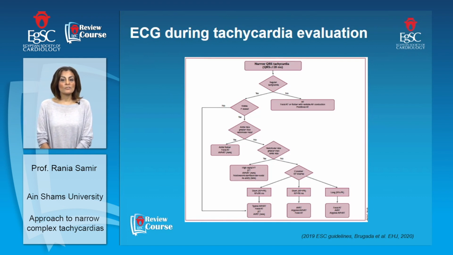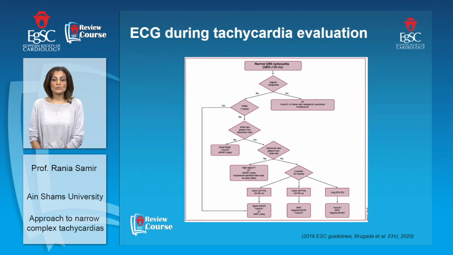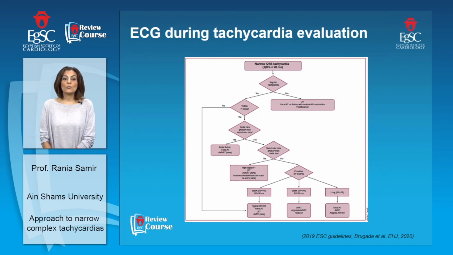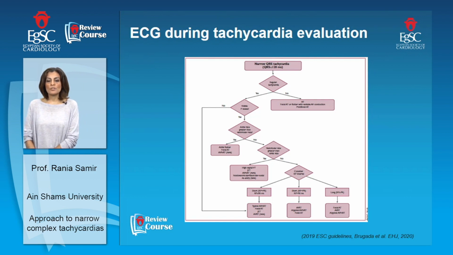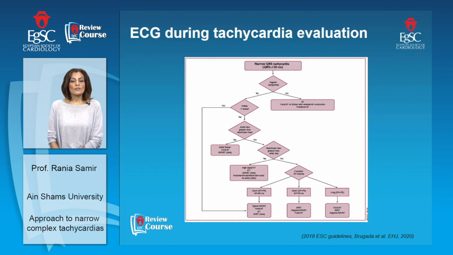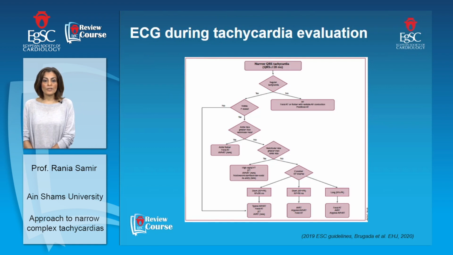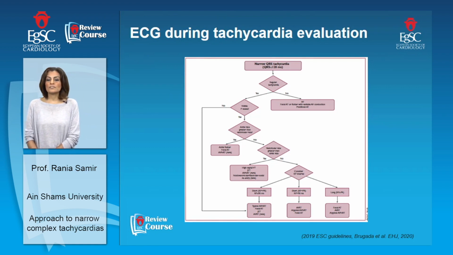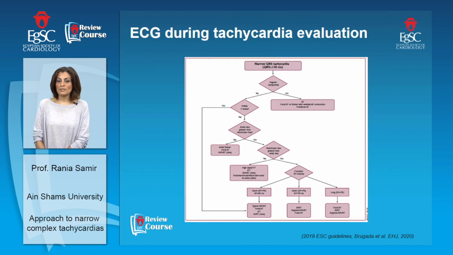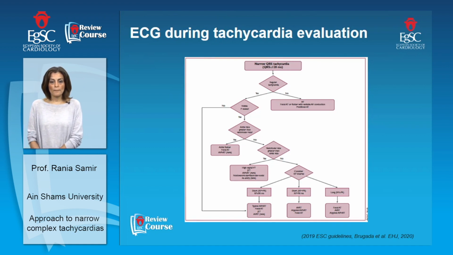After that, you look at the regularity of the tachycardia. If it's regular, you look for P waves. If there are P waves, then you measure the relation between the ventricular rate and the atrial rate. If the atrial rate is greater than the ventricular rate, it's most probably atrial flutter or focal atrial tachycardia with variable AV conduction, or rarely it can happen in AV nodal reentrant tachycardia, but it's a very rare situation.